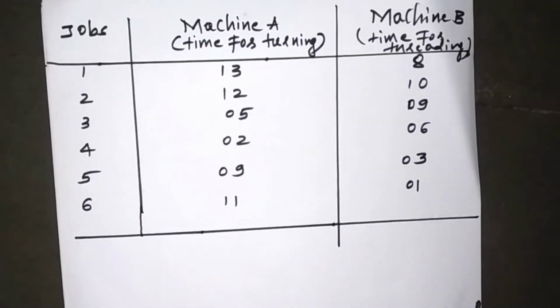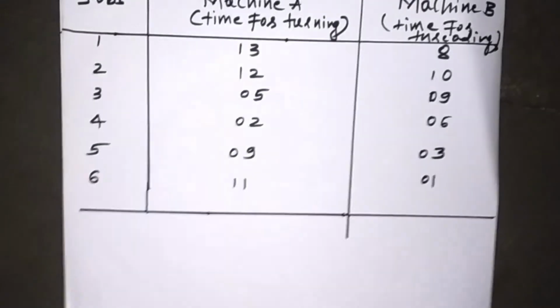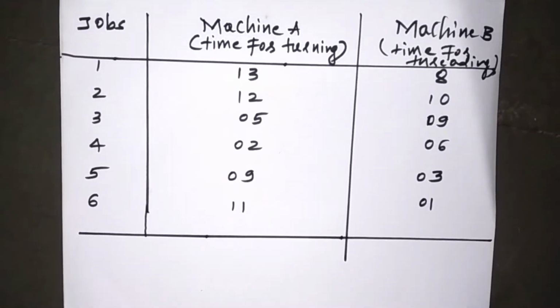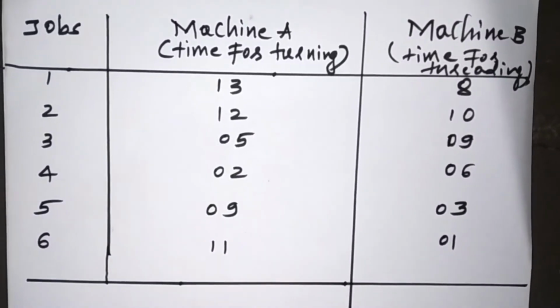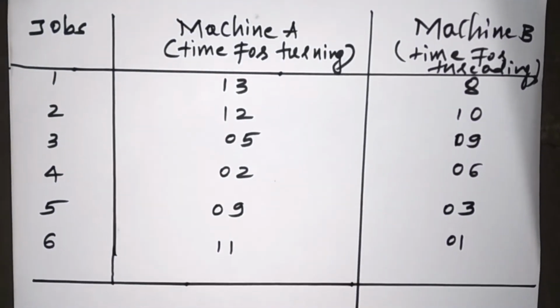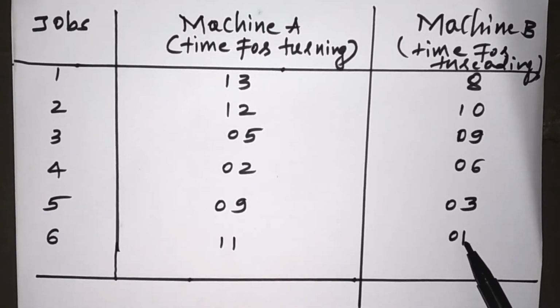Now in the method, we will go ahead with the table. In this table, we will find out the minimum number, that is the minimum time. If I look at this table, I get 1 as the minimum time.